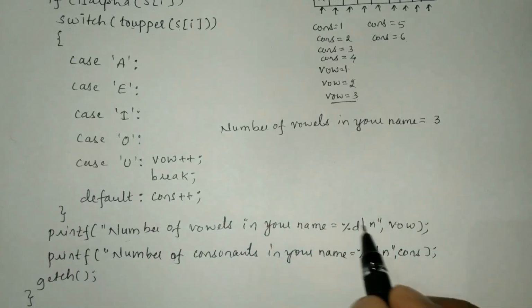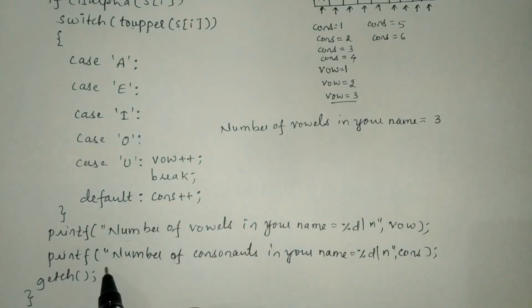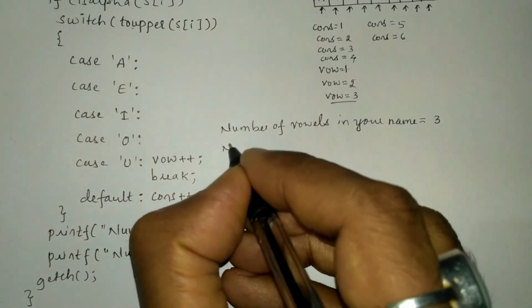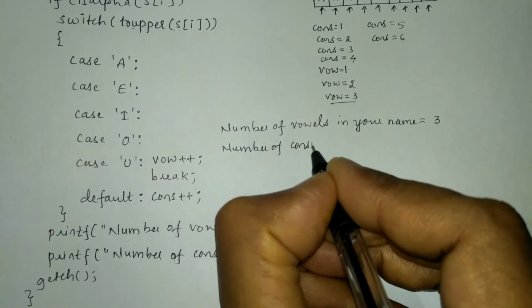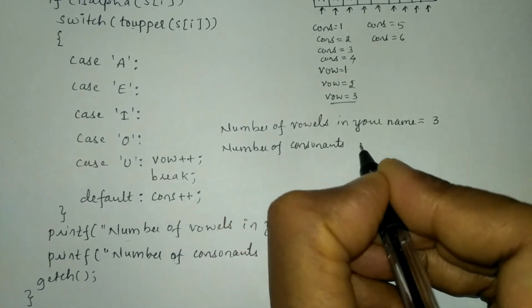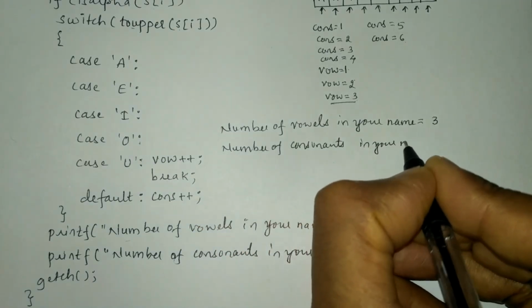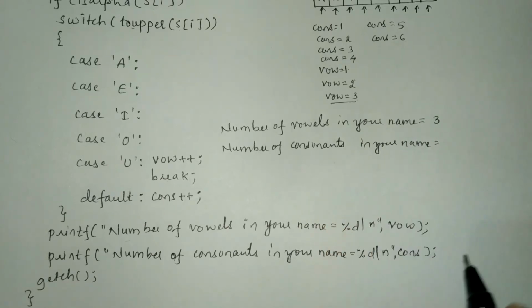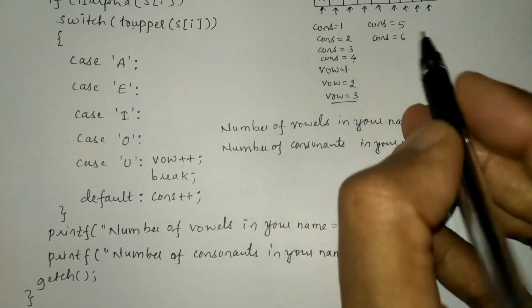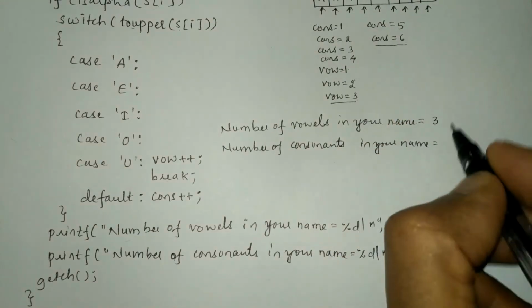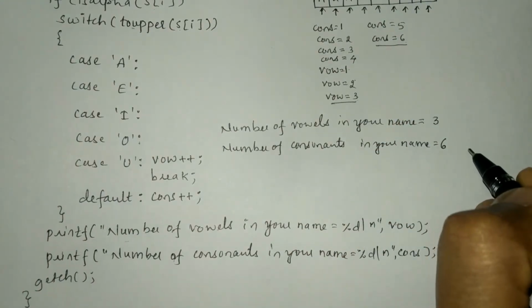Next statement: because of this backslash n, the cursor comes down to the next line and it is going to print number of consonants in your name is equal to. It is going to print the value stored in the variable consonant. The latest value of consonant is 6, so it is going to print 6.